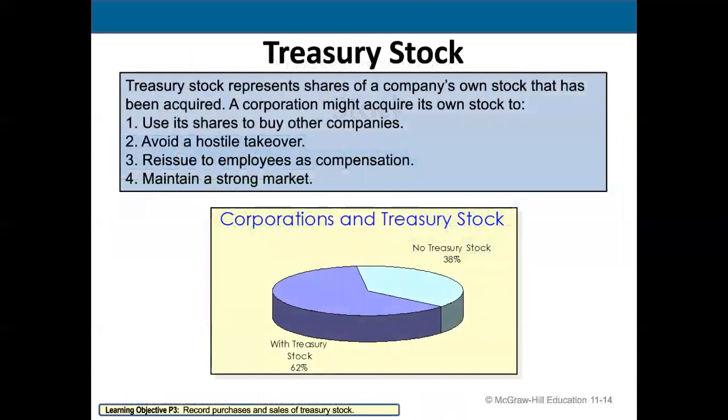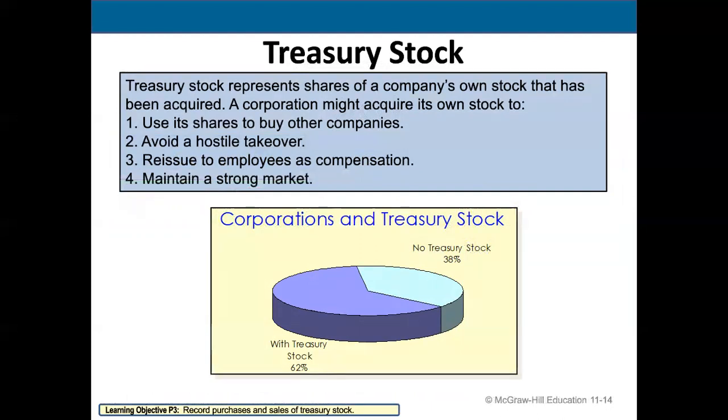And sorry, I said one last when I said preferred, but treasury stock is one more concept. If you remember, businesses issue stock in order to raise funds. It's a way you sell off a portion of your business so that you can get extra cash to expand the business or do other things.